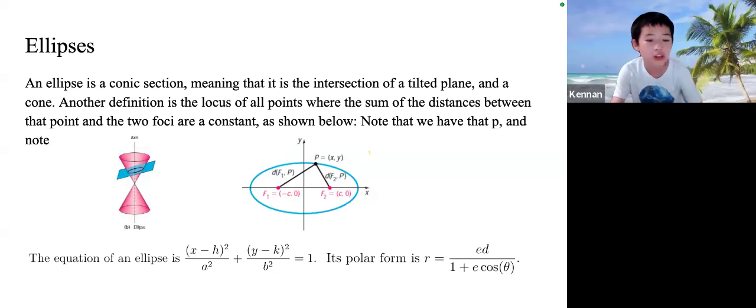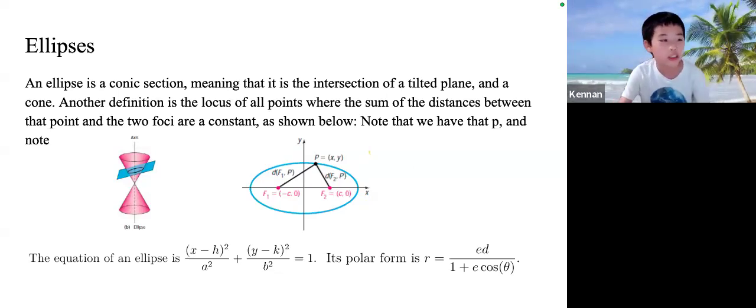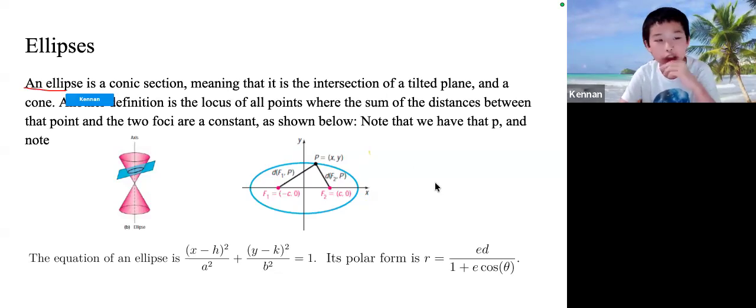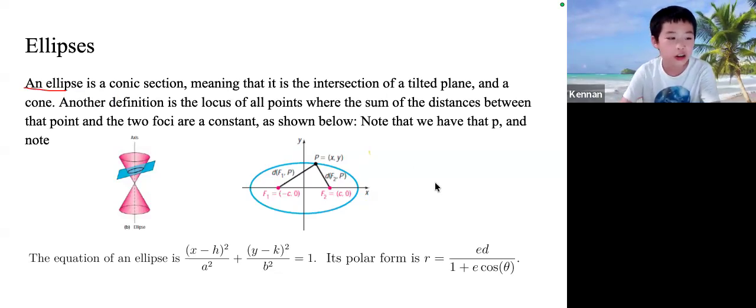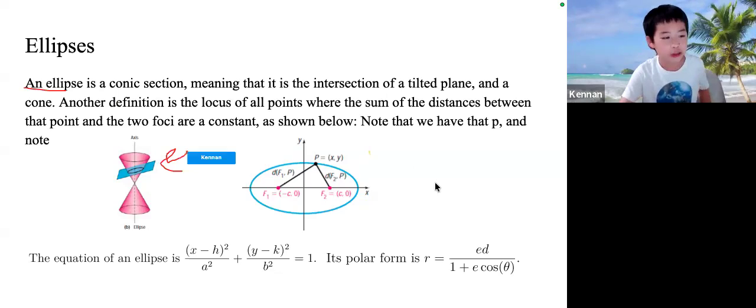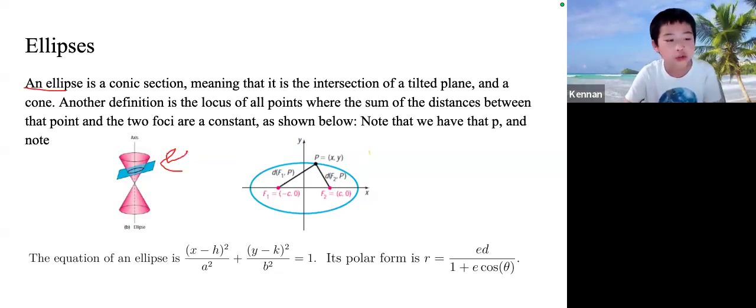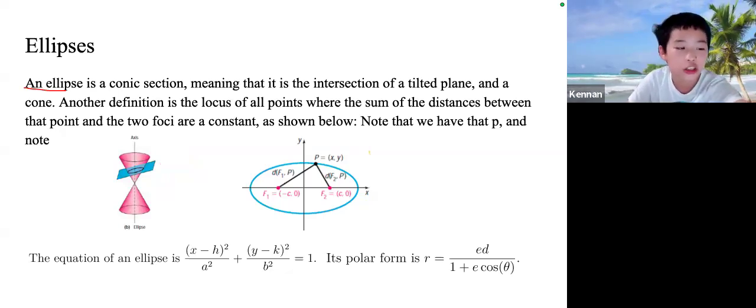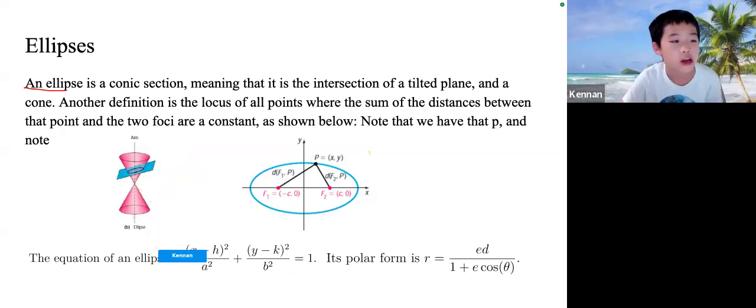First of all, an ellipse, as it says, is a conic section. As shown over here, if we have two cones together, in the hourglass shape, and a tilted plane cuts through, the definition of the ellipse is this area here.